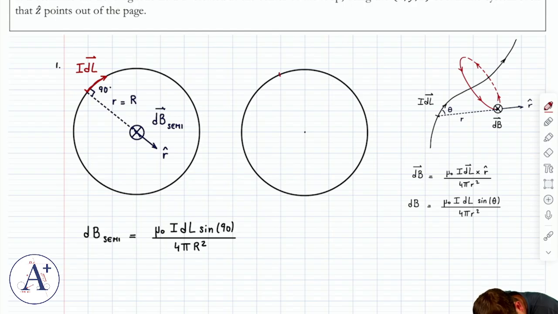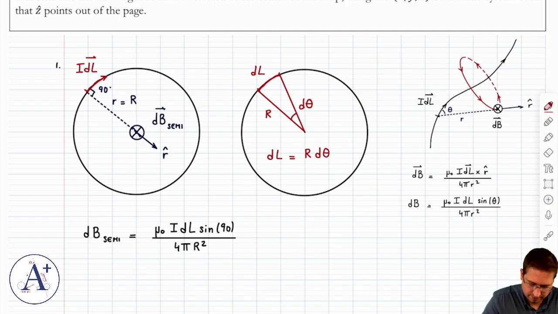Now remember, dl is just a little piece of arc length. I'm going to draw it big enough that we can see what's going on, but if this is an arc length dl, then it subtends an angle d theta. And if this is a radius r, then by definition of an angle in radians, dl is r d theta. But theta has to be in radians. So okay, that tells me what dl is.